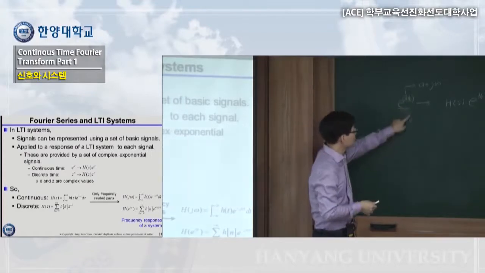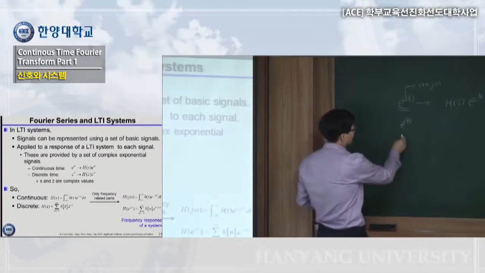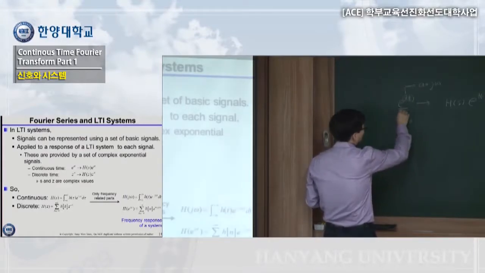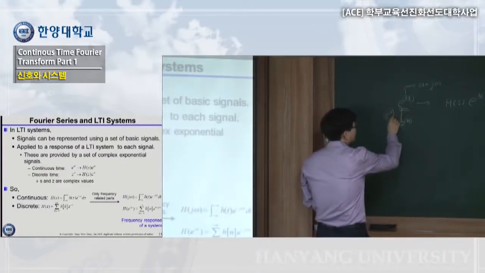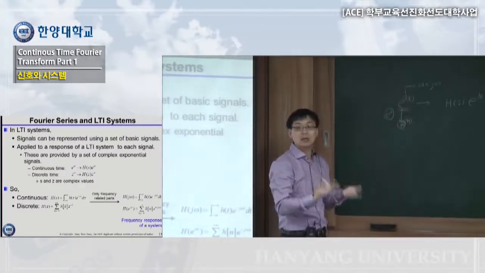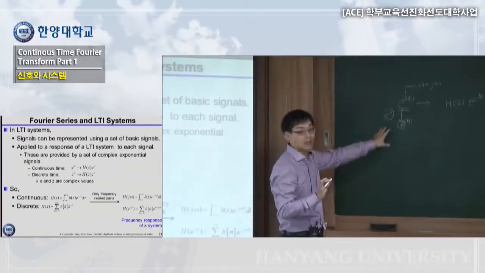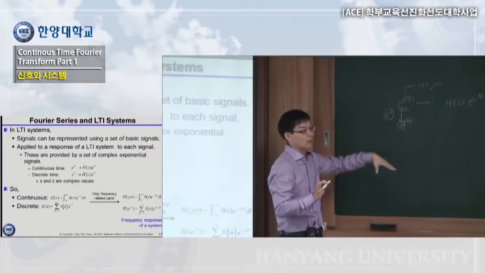So those two are corresponding. Z here is actually corresponding to the exponential e to the s. So if you see Z, that means this is discrete time. Of course, we will not have homework regarding Z now. We will have Z in a later part of this lecture.